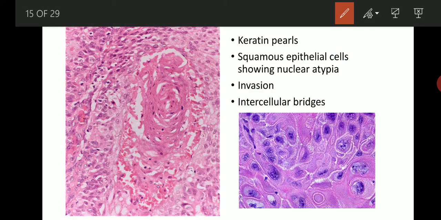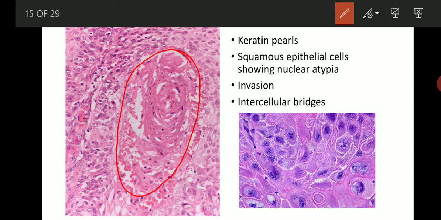Carcinoma cervix is easy to identify because most of them are usually squamous cell carcinoma, and squamous cell carcinomas are identified by two or three very important features, which is the presence of the keratin pearl, because squamous cell carcinoma is the only carcinoma which can produce keratin pearl.